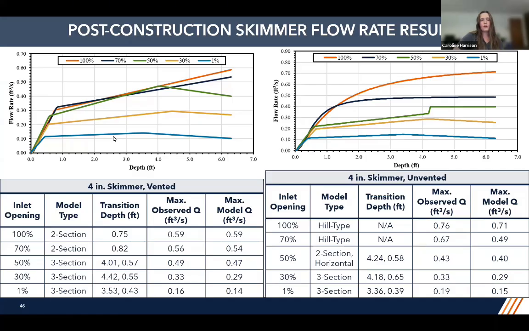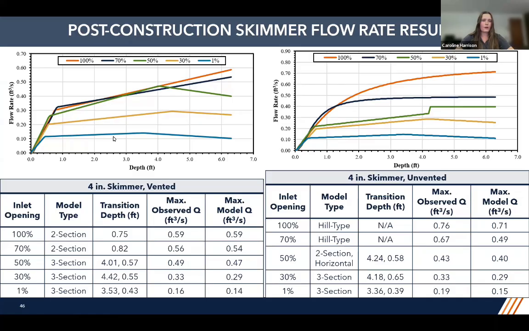Overall, for our vented configurations, flows generally were slower, but they were a little bit more stable and predictable. The reason for that is we have that ventilation pipe that opens our flow up to the atmosphere, so it simulates more open channel flow conditions.